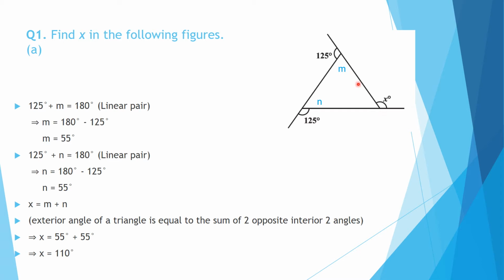But whatever exterior angle we take, its interior opposite angles must be used, not the adjacent ones, we can never take those. Okay. So the value of X in this is 110.